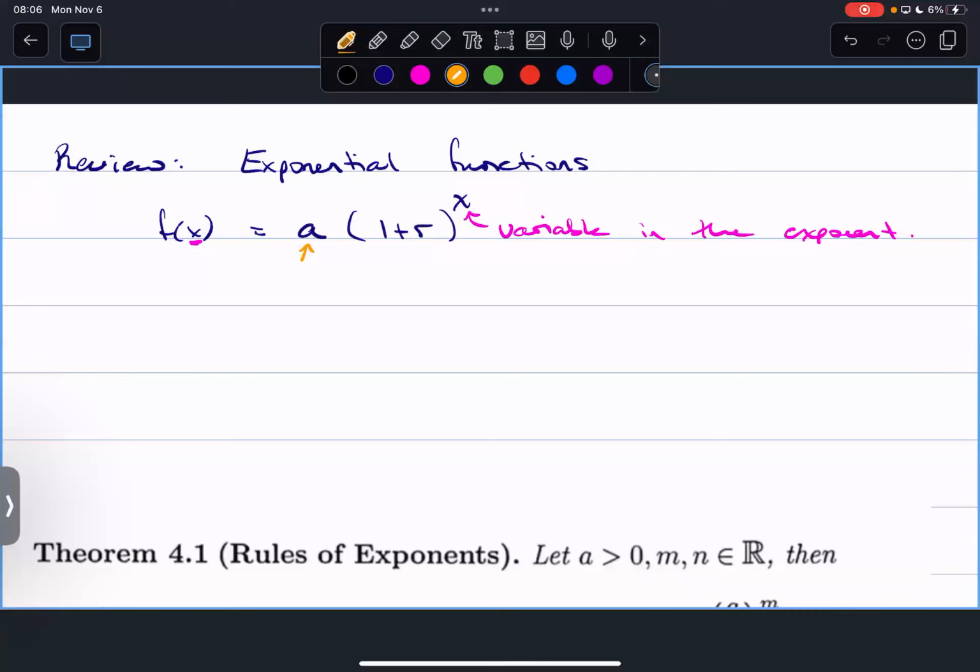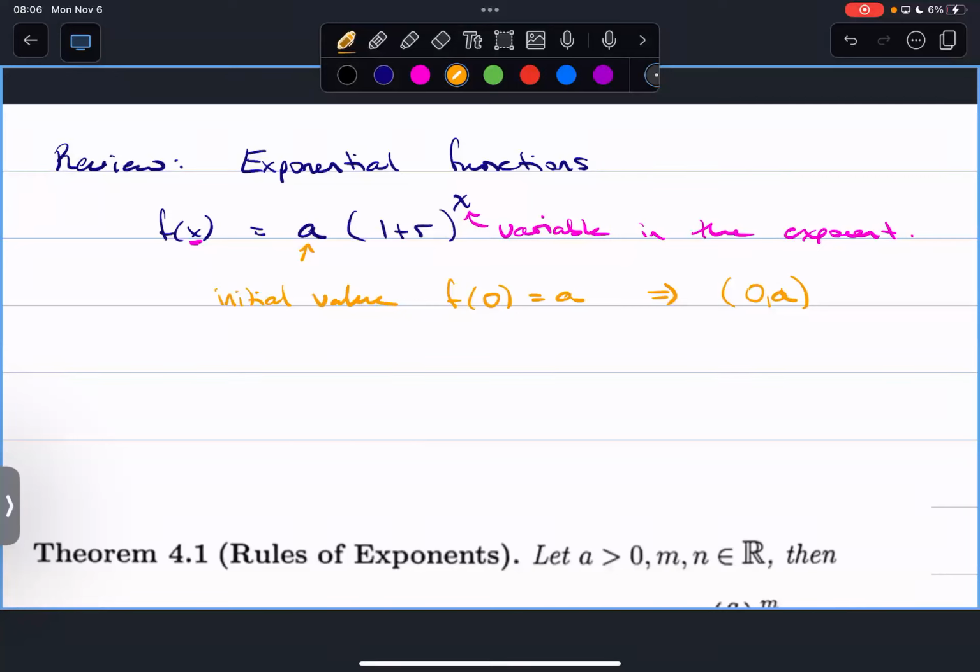And so whatever the initial value is, at f of 0, it's going to be A. Which also means that the y-intercept is at A. When x is 0, y is A. And so that's the initial value.